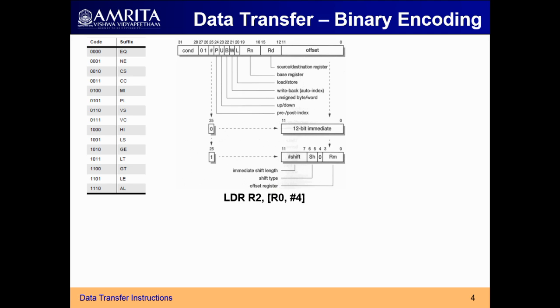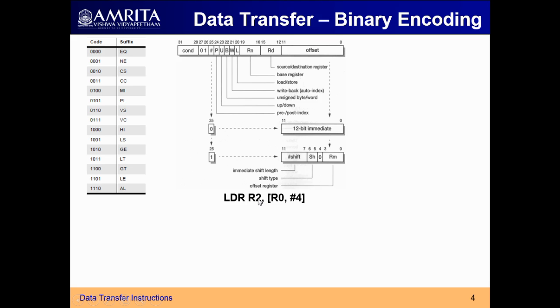So I am writing an example LDR R2, [R0, #4]. So here what does it mean? R0 will be pointing to a base address, right? So that base address will be added with the offset 4, and the content of that address, that is base address plus 4, will be taken to R2.